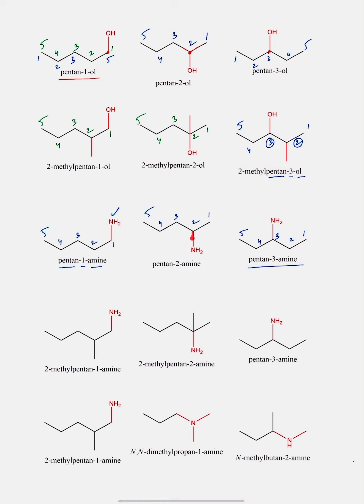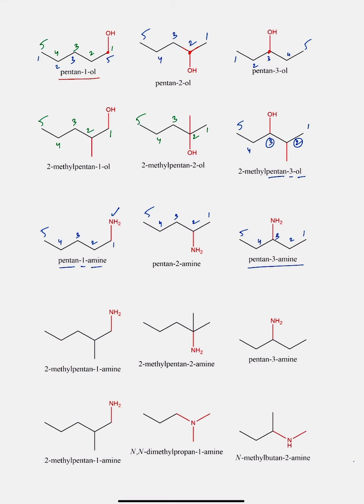It's still a primary amine. Unlike alcohols, where you decide the nature of the alcohol, primary, secondary, or tertiary, depending on the carbon to which the OH group is attached, an amine group, if it is NH2, is always primary.